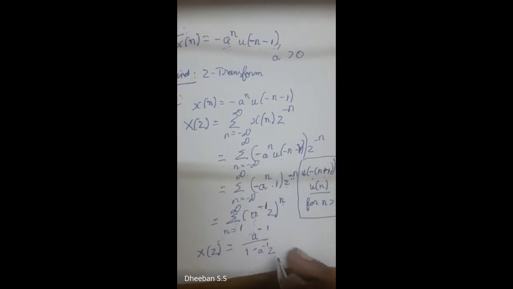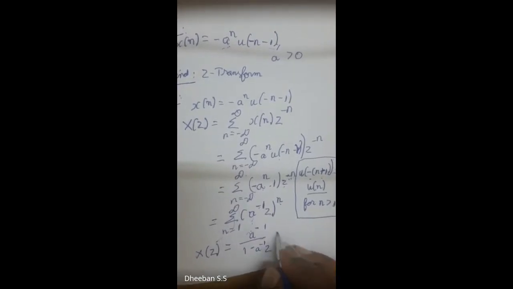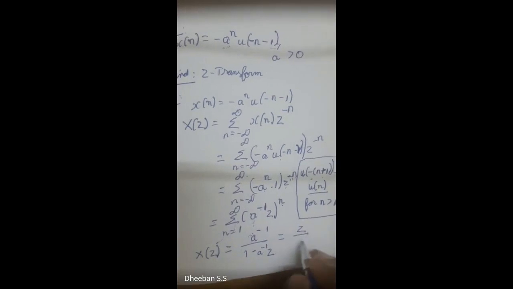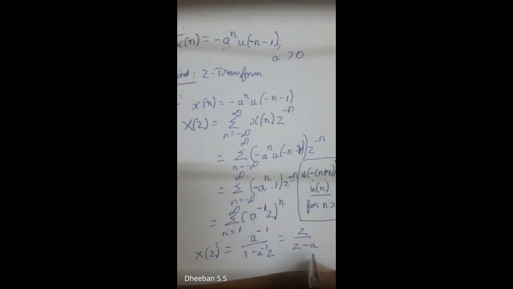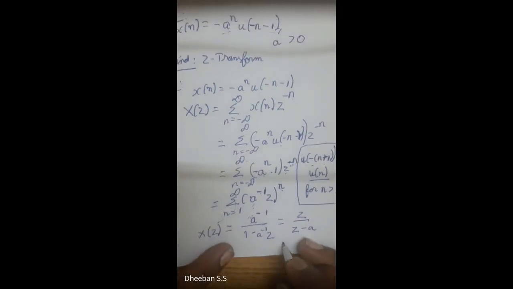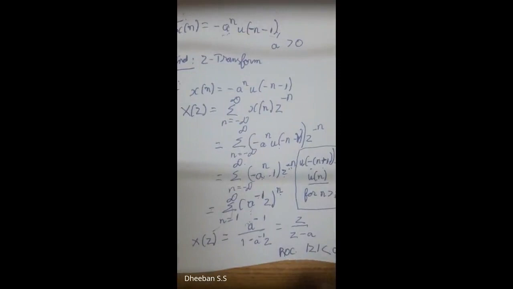Taking the reciprocal, we get z by z minus a. And your ROC will be z less than a.